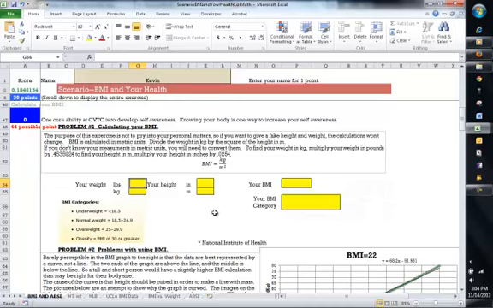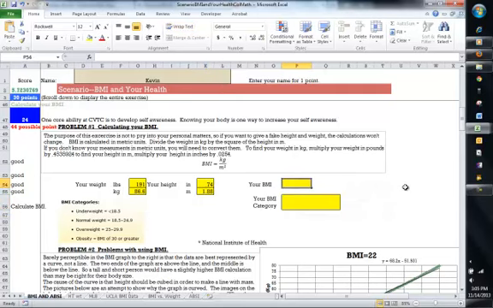So my weight in pounds is 191. My height in inches is 74. To find my kilograms, I'm going to take my weight in pounds times 0.4535924. And for my height in meters, I'm going to take my height in inches times 0.0254.